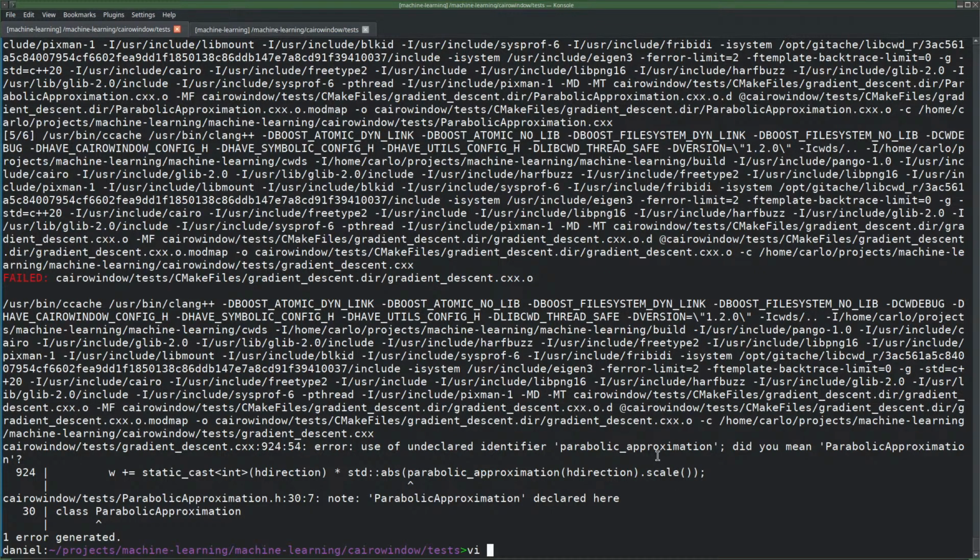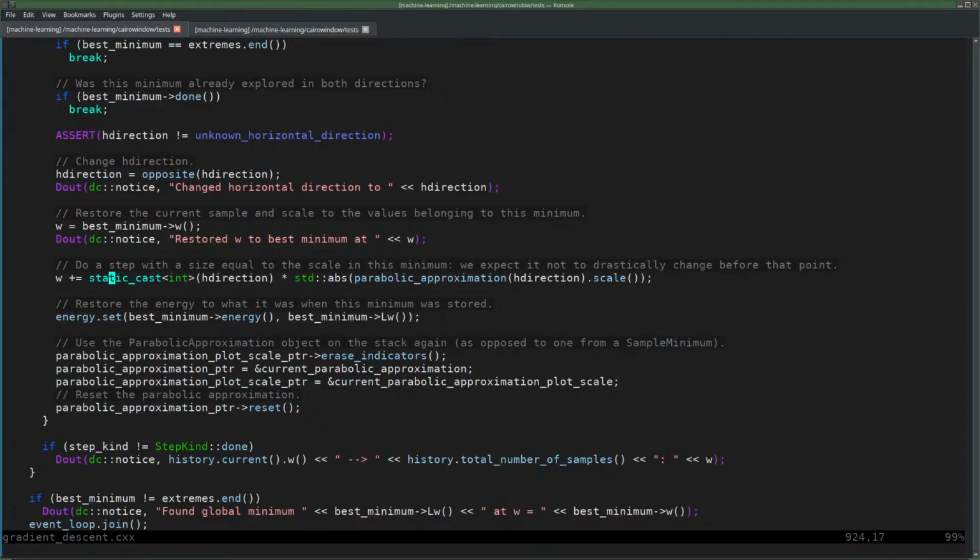Use of undeclared identifier parabolic approximation. No idea.